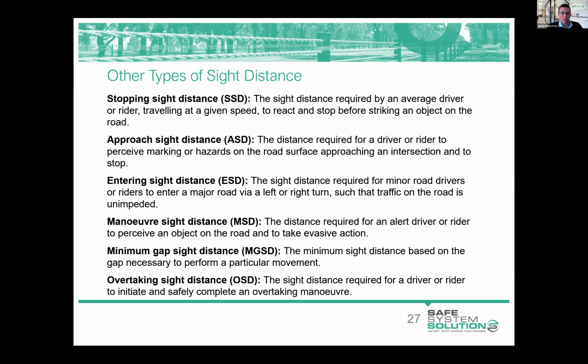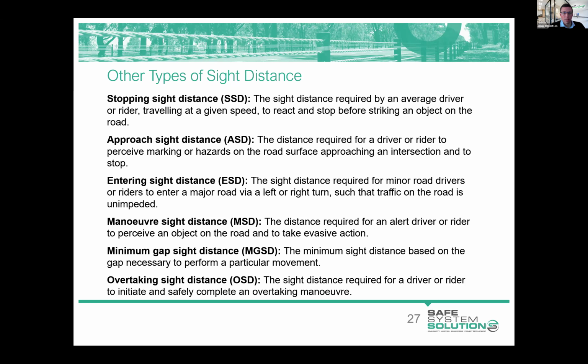Approach sight distance is measured to the pavement level, and is particularly important at intersections where we need to observe pavement markings, or perhaps locations like mergers at mid-block locations where we need to see arrows and tapers and these types of things. Look, there are others not on the list here, such as crossing sight distance, which applies to pedestrian crossing points.